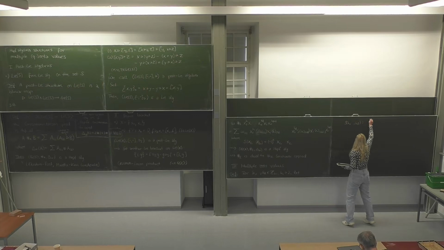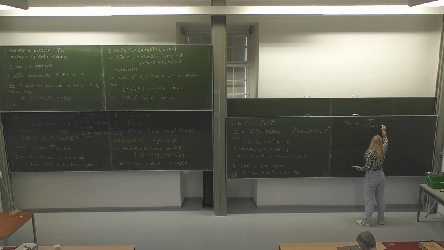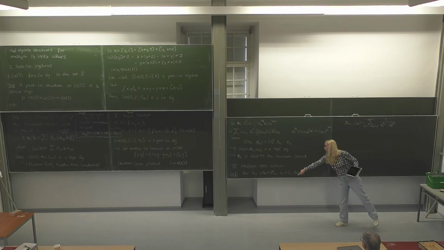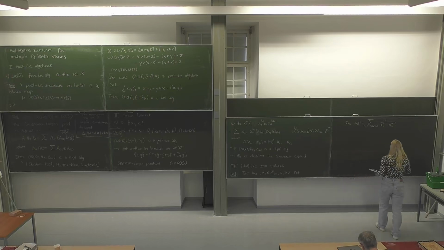An infinite nested sum. So n1 is the biggest one. 1 over n1 to the k1 up to nd to the kd. And these conditions here ensure that the series always converges. So this will be always some real number.